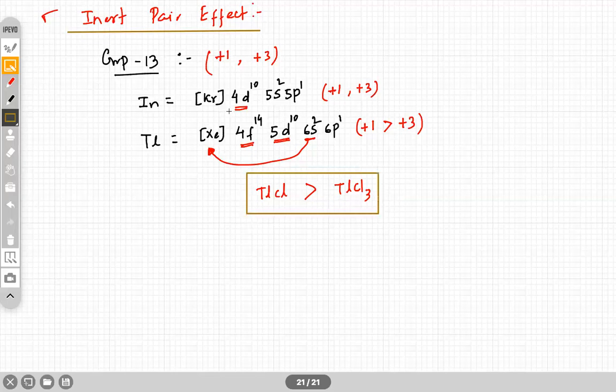Because of this weak shielding effect of 4f and 5d subshell, the pair of electrons present in the outermost s subshell becomes inert towards the reaction or bonding. So the pair of electrons becomes inert, and hence we call it inert pair effect. Is it clear?